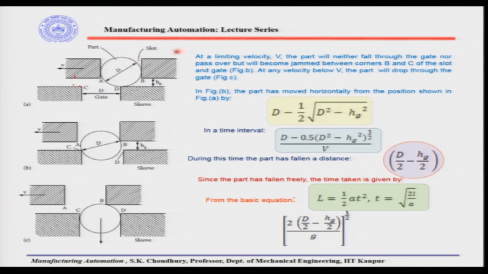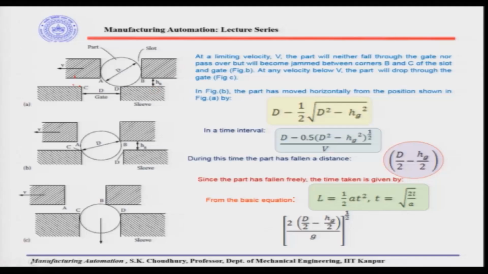Now, to summarize, the maximum feed rate we could get is the velocity divided by the adjacent slot length. To get the velocity, the principle we have adopted is that the part, while moving towards the gate, covers a certain horizontal distance and at the same time it is falling.